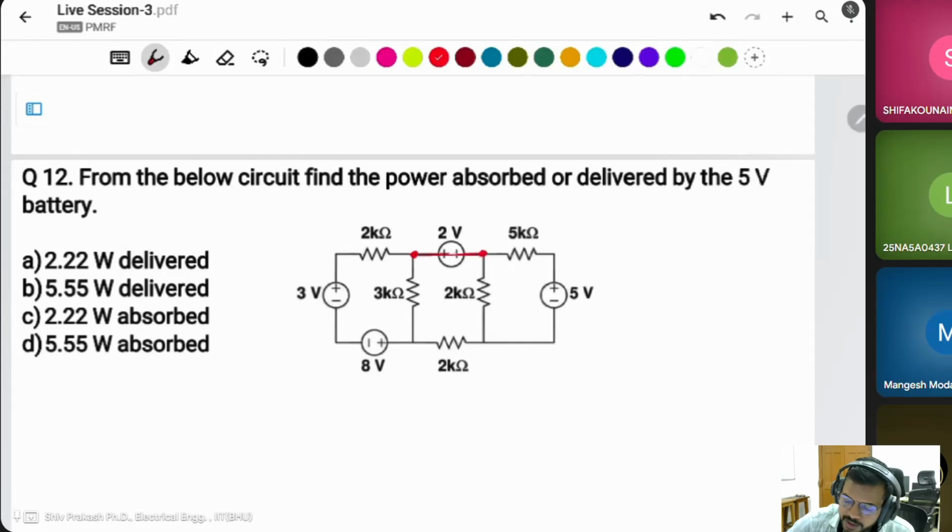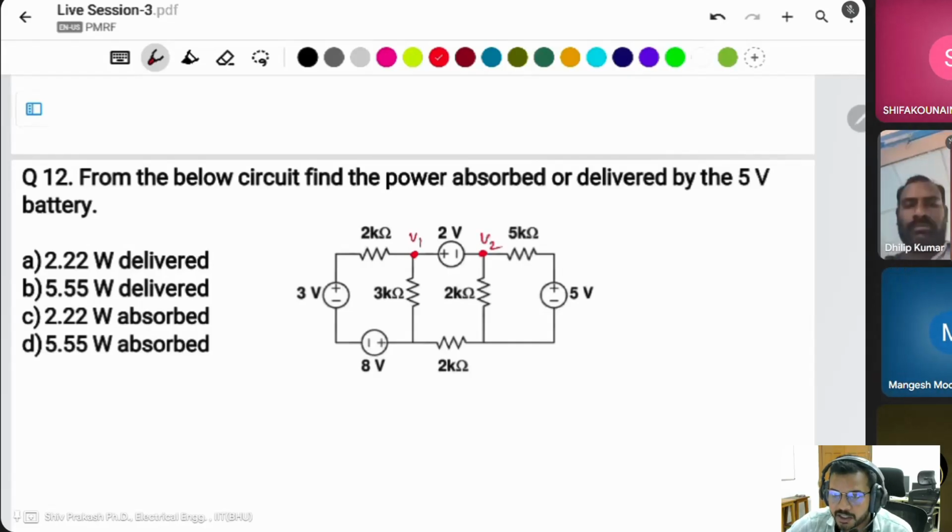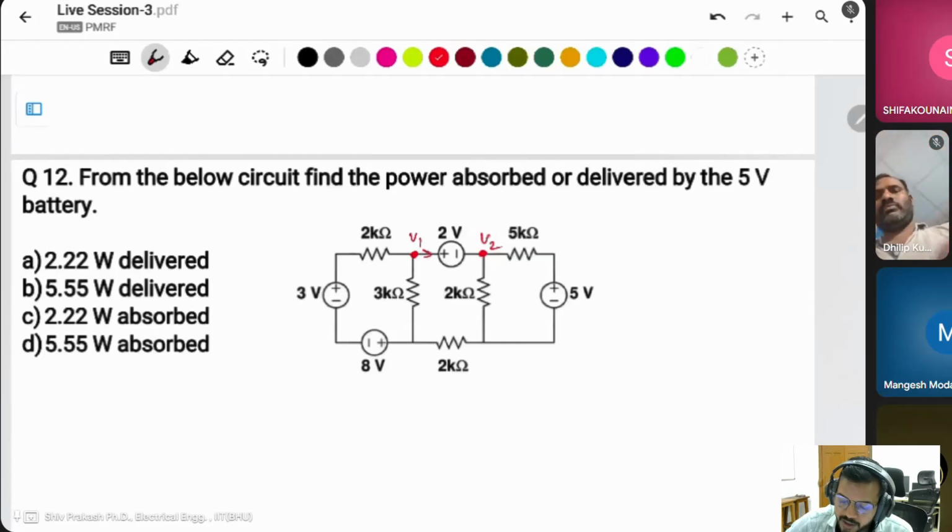In this case, follow the KVL. Don't try to go for the KCL. You can't say this one is voltage V1, this V2, and apply KVL or KCL in this case. If you apply it, what is the current? There is no resistance and no fixed voltage.